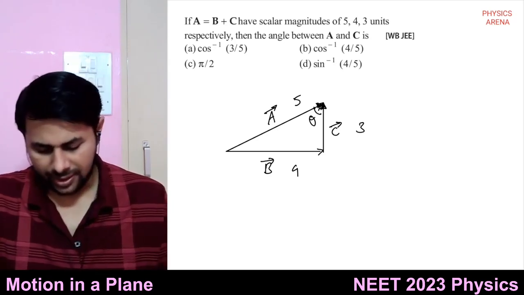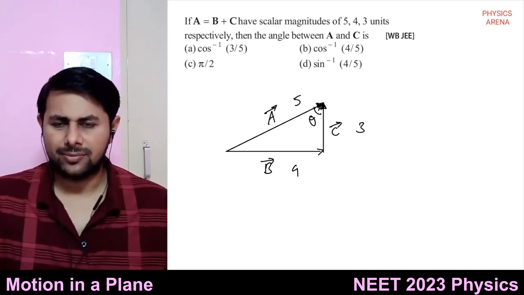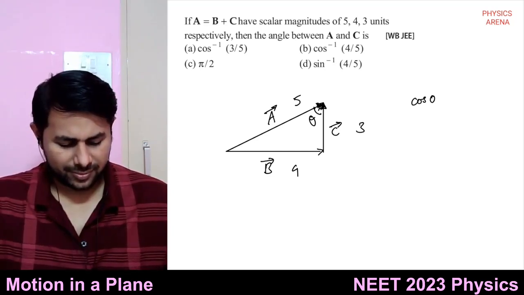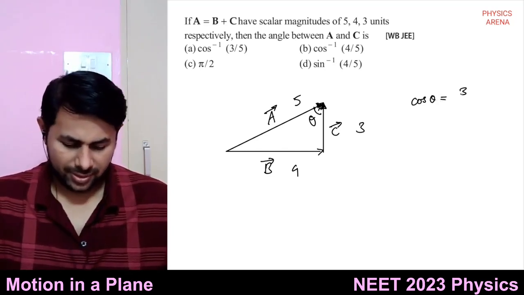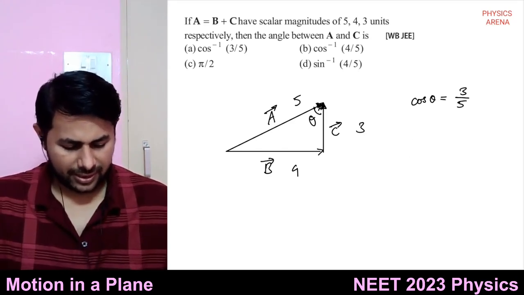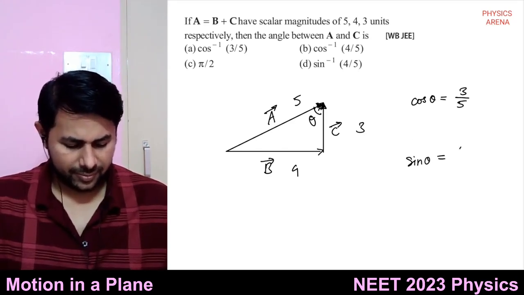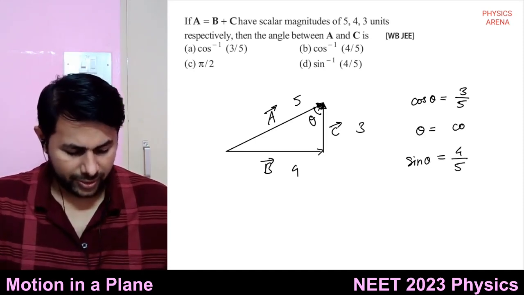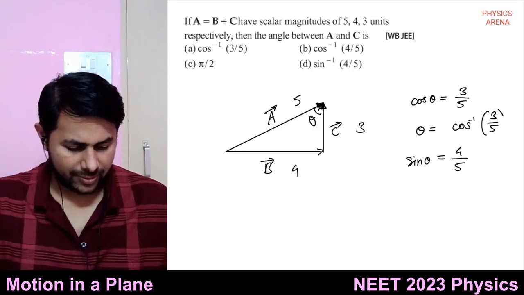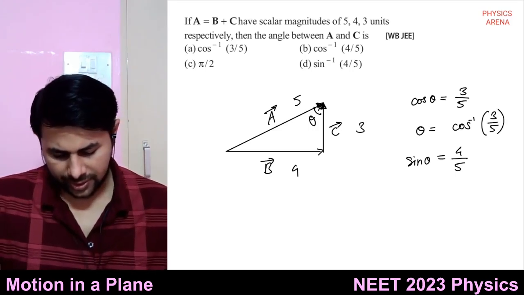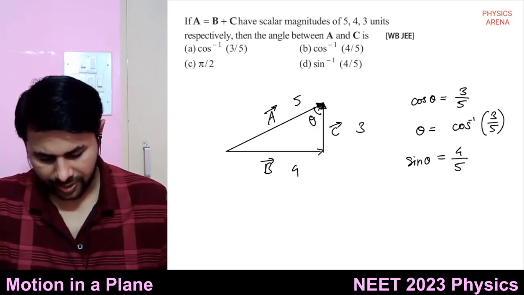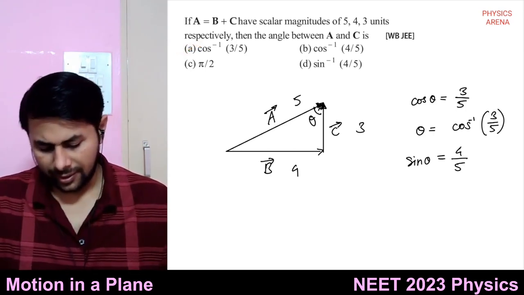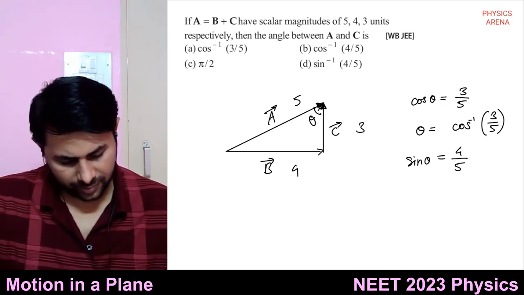So what is sine theta and what is cos theta? Can you tell me? Cos theta is 3 by 5 and sine theta is 4 by 5. So theta equals cos inverse of 3 by 5. Is there such an option? Yes, option A. Option D also there, sir.